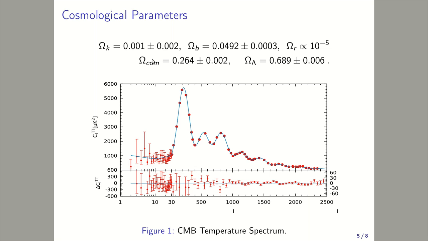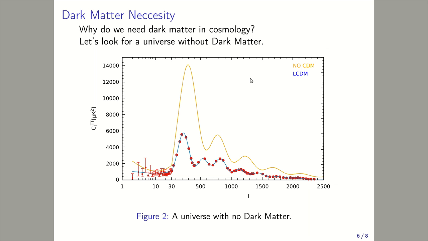This rest is related to dark energy. So this is the density parameter of dark energy, which is modeled as a cosmological constant, and this is just the 70% of the universe.